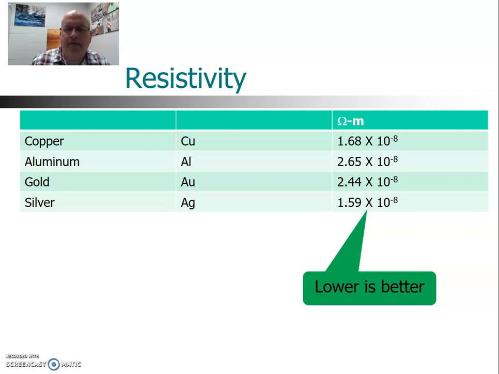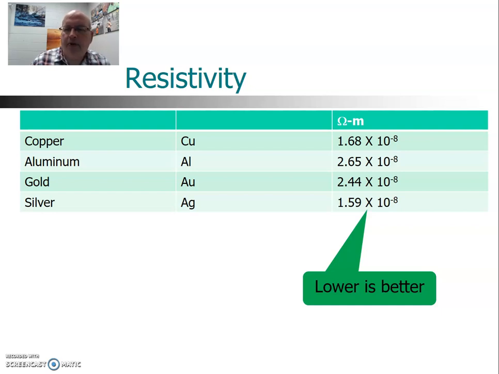A lot of people think that gold is actually the best conductor, when in fact it's silver. You can probably guess why silver is not widely used, and that is because of cost. Copper, of course, is much less expensive than silver, so copper is a very, very common conductor material.